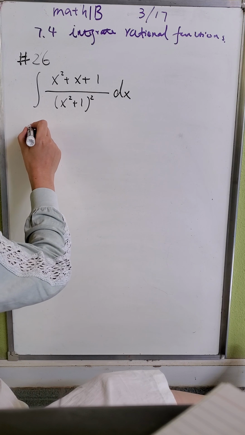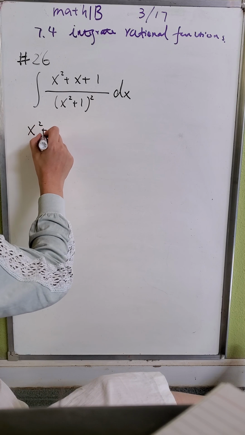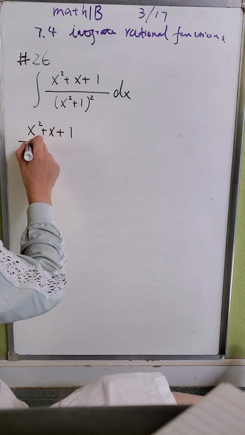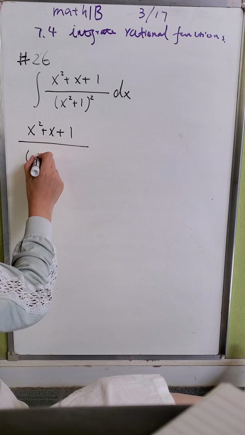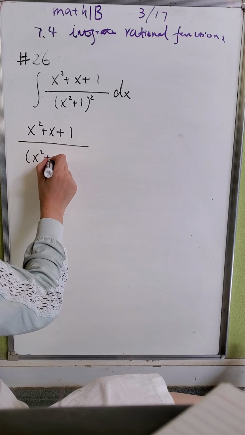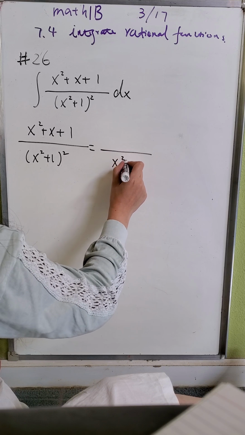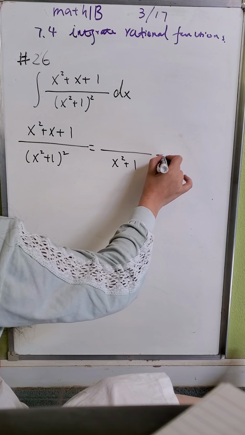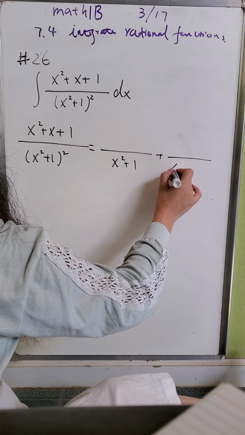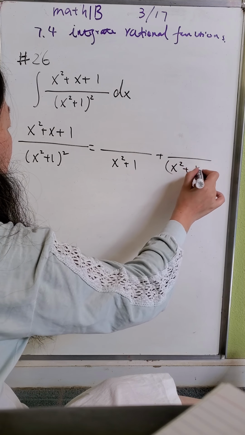Solve for the coefficients. So (x squared plus x plus 1) over (x squared plus 1) squared is equal to (ax plus b) over (x squared plus 1), plus (cx plus d) over (x squared plus 1) squared.